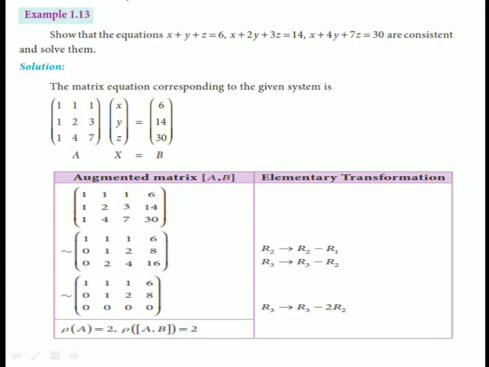So rank of A equals 2, rank of (A, B) equals 2. Obviously, the last equivalent matrix is in echelon form. It has 2 non-zero rows. Rank of (A, B) equals 2, rank of A equals 2. Rank of A equals rank of (A, B) equals 2, which is less than the number of unknowns.